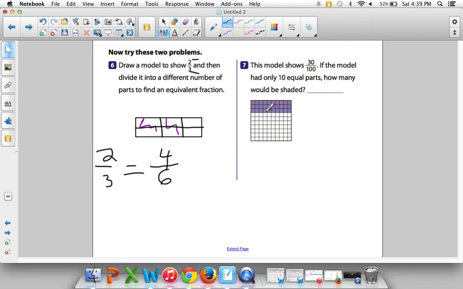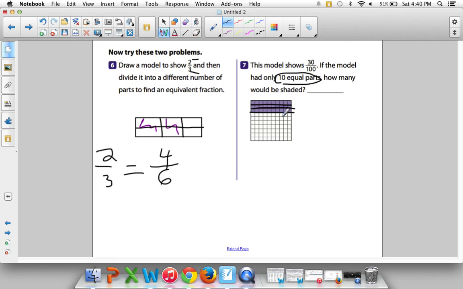So pretend not all these lines are there. Pretend there's only 10 pieces. 1, 2, 3, and so on all the way down. If that's all there was, if it was only 10 equal parts, how many would be shaded?